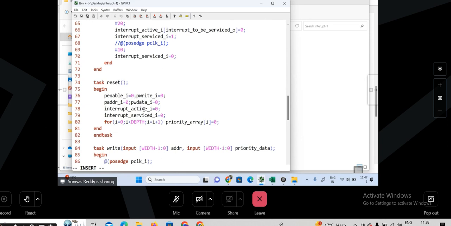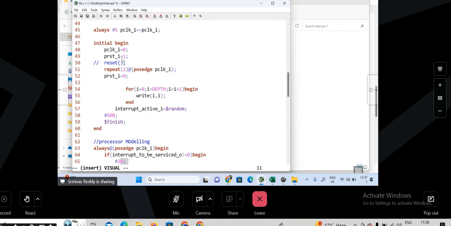The next state is the active state. In the active state, what we are doing is working according to priority. For this, I'm using a for loop, and if interrupt active I is equal to 1, then I'm checking the flag. If flag is equal to 1, I'm doing this, else I'm doing this.